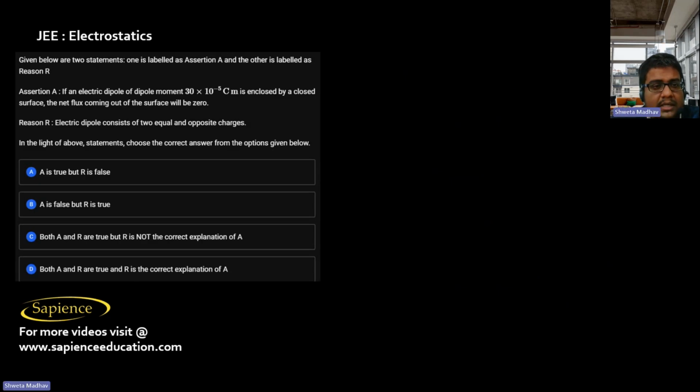Here it is told the assertion A: if an electric dipole of dipole moment q into 2a, equal to 30 into 10 power minus 5 coulomb meter, is enclosed by a closed surface.